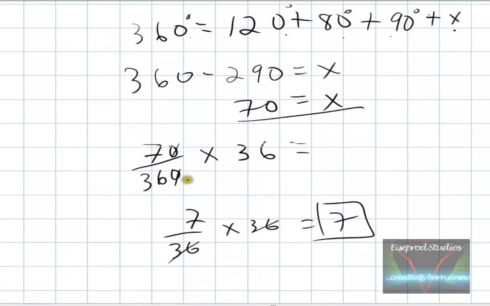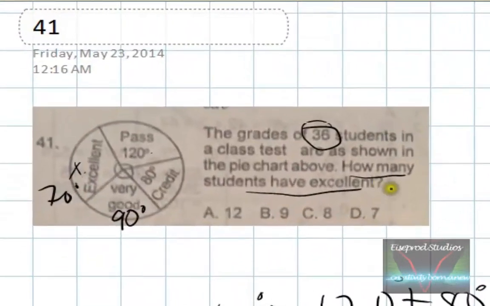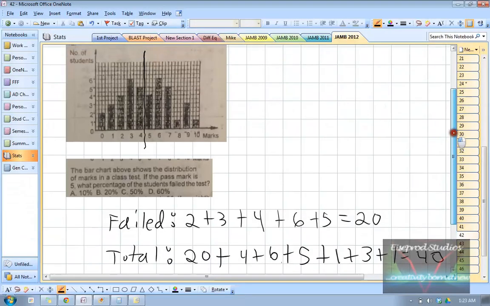When we multiply the portion times the total number to work with, not the measured degrees in the circle, this will give us our answer of how many students there are. So I canceled out these zeros, and then I rewrote the problem as 7 over 36 times 36. The 36 will cancel, and I'm left with just 7. So 7 students. And that's your answer.